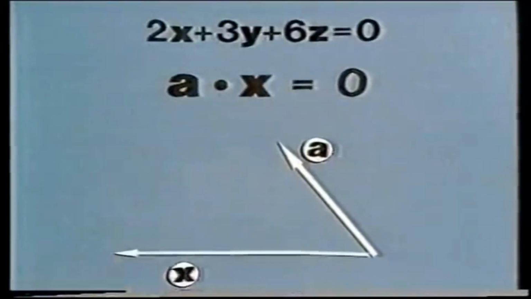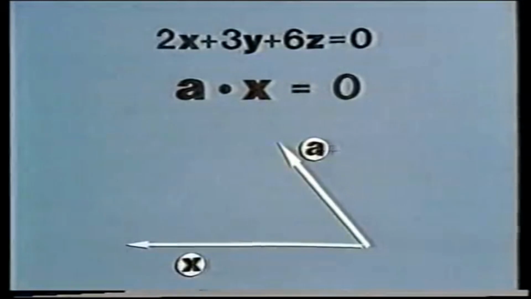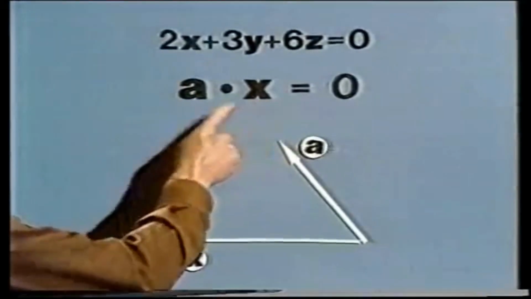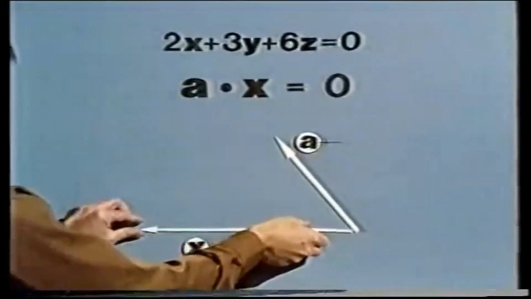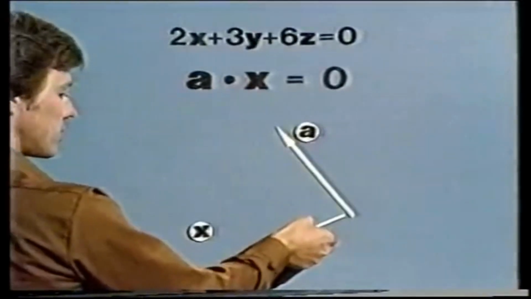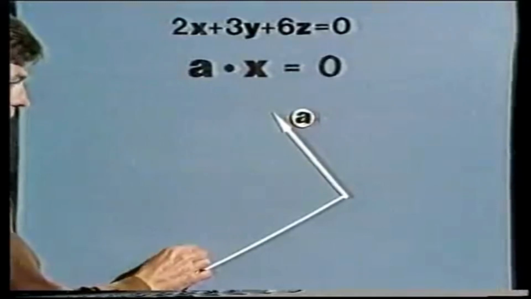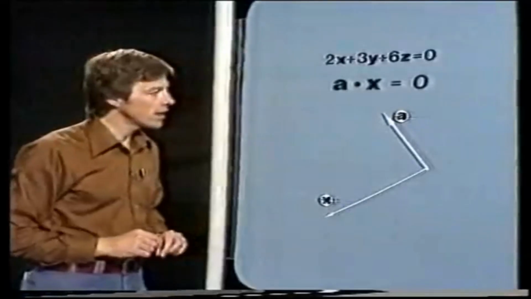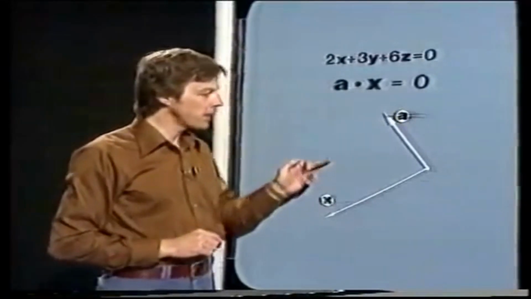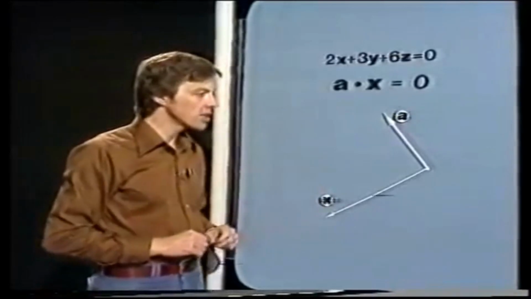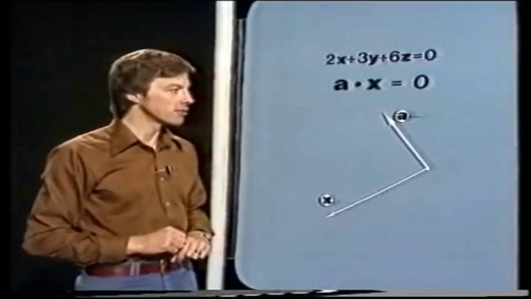And now you can see why we've chosen a simpler form, because this is a condition on x that we can interpret very easily, because all this tells us is that the vector x must be perpendicular, orthogonal, to the vector a. And since we're dealing with vectors in R3, we can just picture a and x as two vectors at right angles.